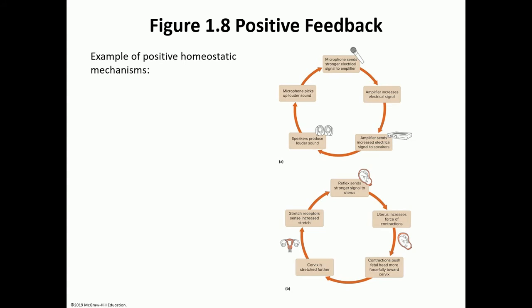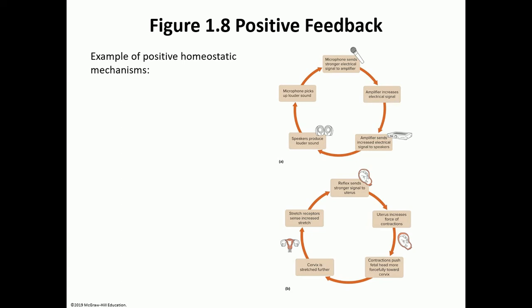The uterus starts to contract, and it'll contract harder and harder, exaggerating the change in normal physiology until the baby is delivered. And then everything will go back to normal. So in positive feedback, you are going further away from normal until you reach your goal, which in this case is to deliver the baby, and then everything goes back to normal.